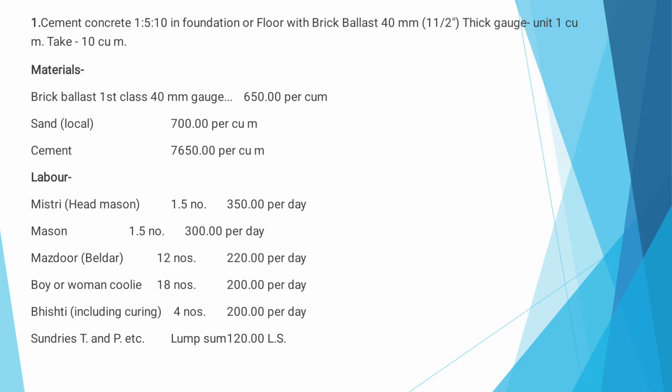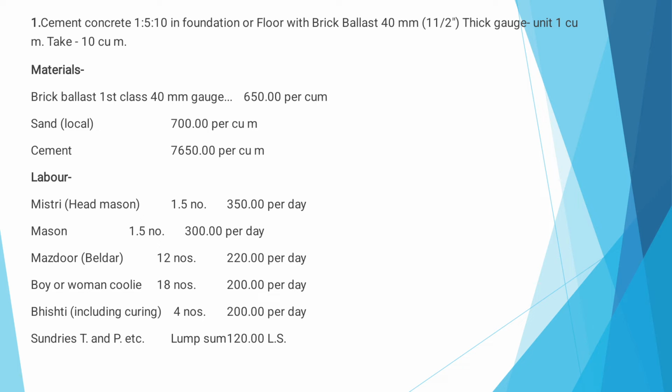Brick ballast first class 40 mm gauge, rate 650 per cubic meter. Then sand, local sand, 700 per cubic meter. Then cement, 7650 per cubic meter.